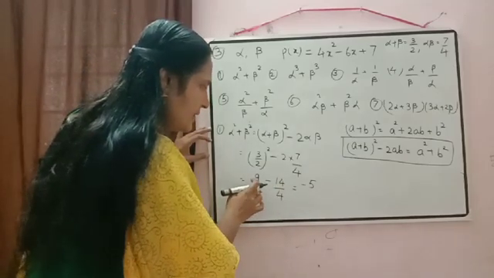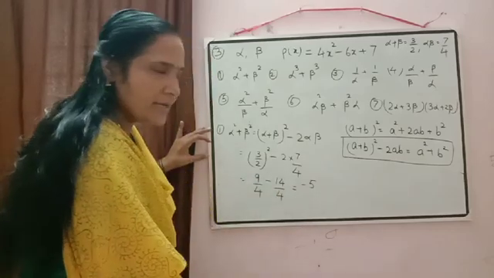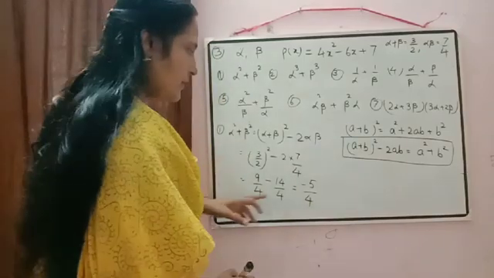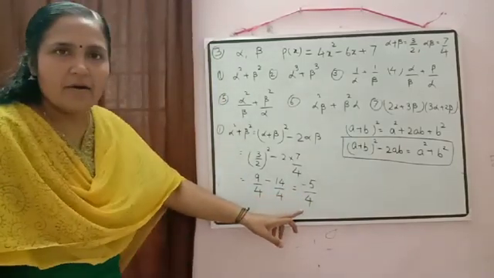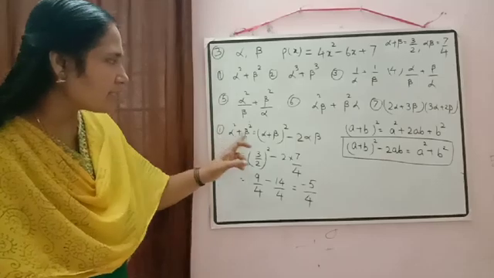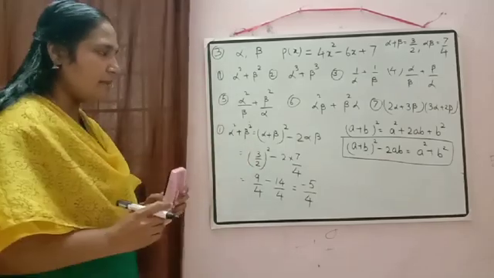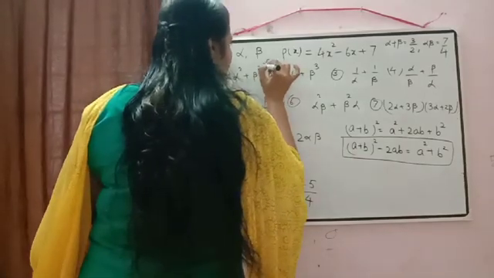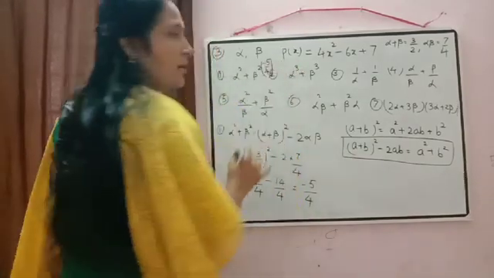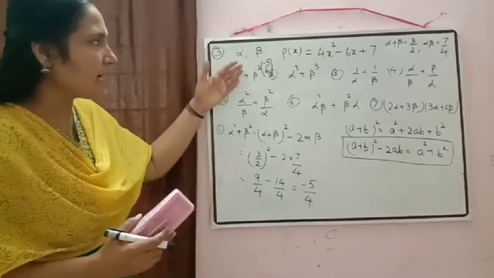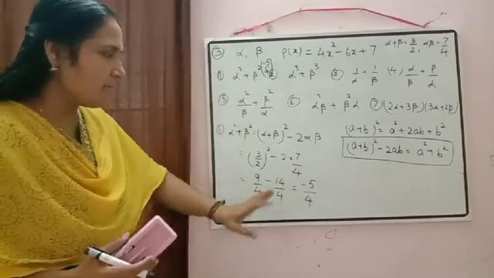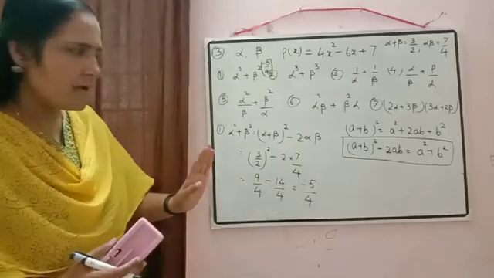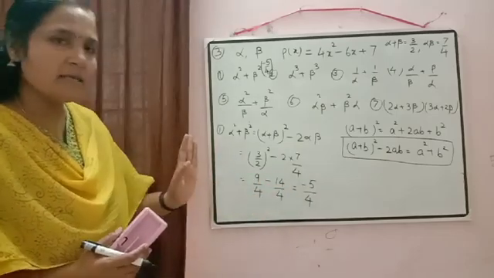That will be equal to minus 5 by 4. Okay. So we got alpha square plus beta square is equal to minus 5 by 4. I am writing the answer here. This value we got minus 5 by 4, because somewhere we have to use again this one. 9 minus 14 is minus 5, because 9 plus 5 is 14.